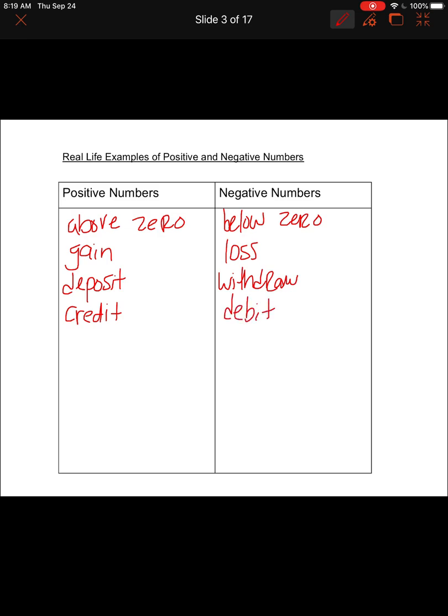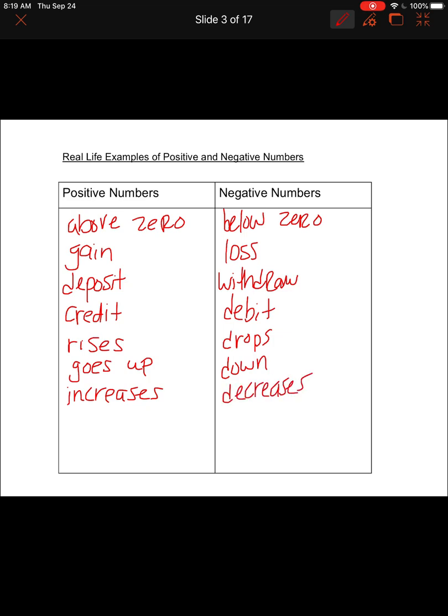A debit to your account, such as like using a debit card, is going to be negative. Okay? If the temperature rises, goes up, or increases, that's going to be positive. And then if it drops, goes down, or decreases, that's going to be a negative.